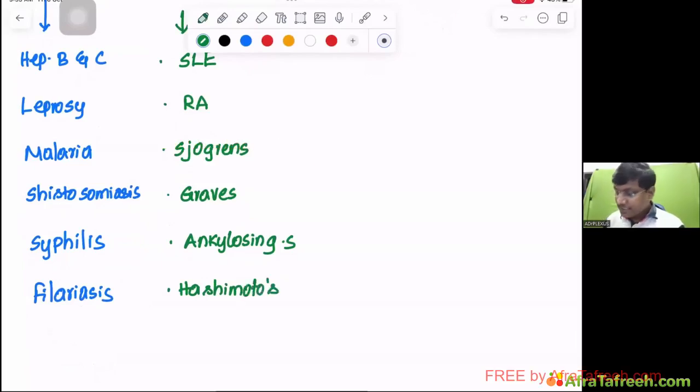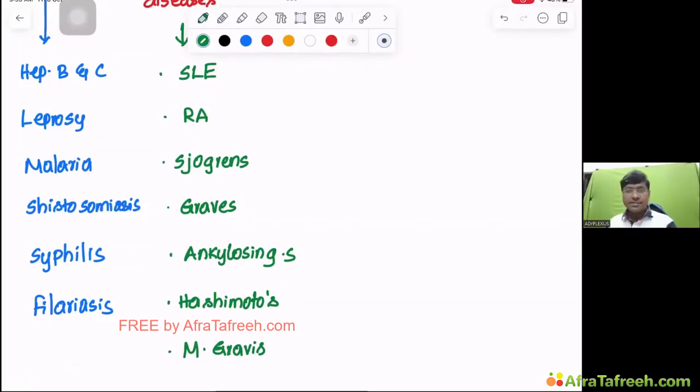Okay, and lastly, myasthenia gravis. Right? So these are the systemic autoimmune diseases which will cause membranous glomerulonephritis.